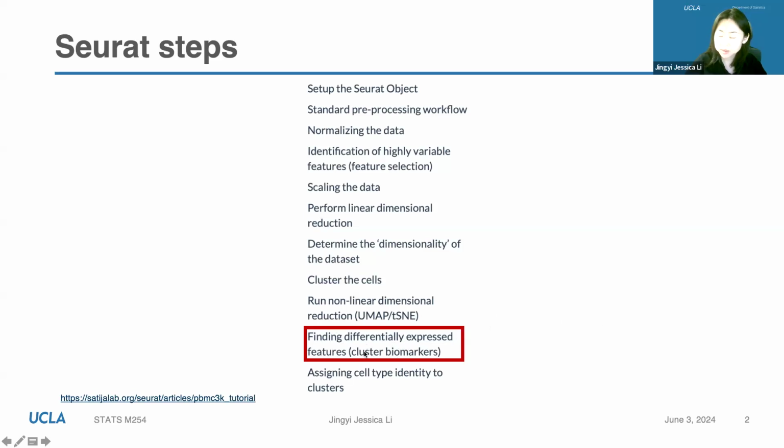So then once we get a p-value per gene, we also talk about the two-sample t-test and the Wilcoxon rank sum test as the standard, classical approaches, and the Wilcoxon rank sum test is the default used in Seurat. So once we have one p-value per gene, we need to consider multiple testing correction.